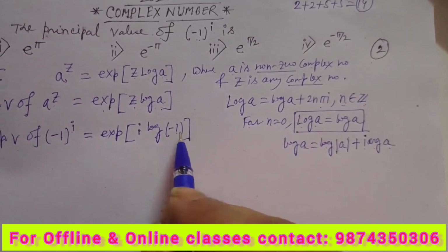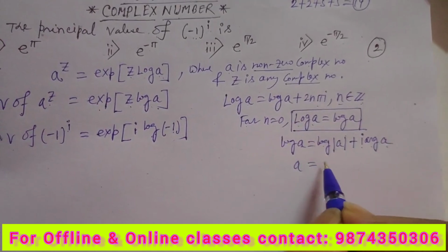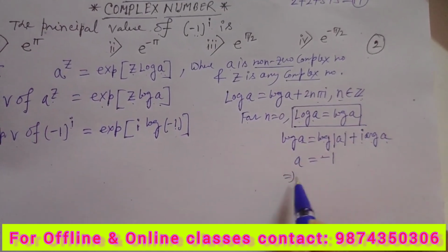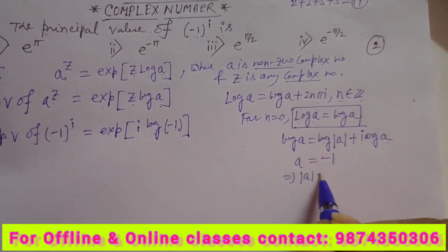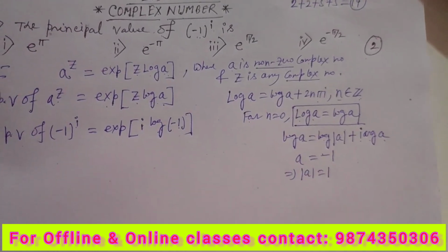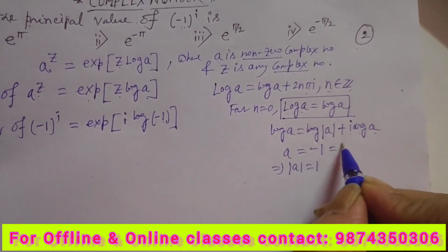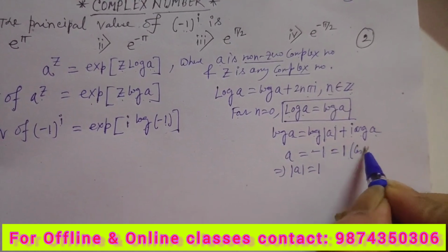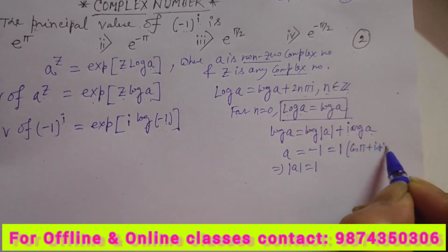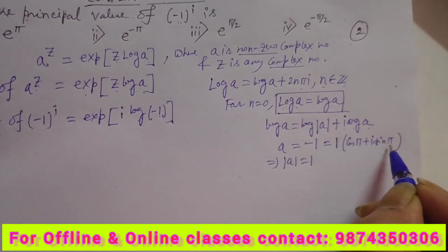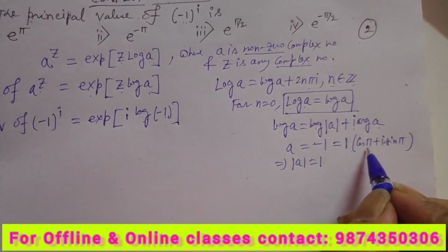So here a equals -1. This implies the modulus of a is equal to 1. We may write -1 as 1 times (cos π + i sin π), because sin π is 0 and cos π is -1.